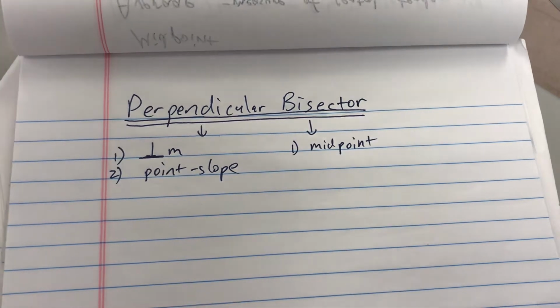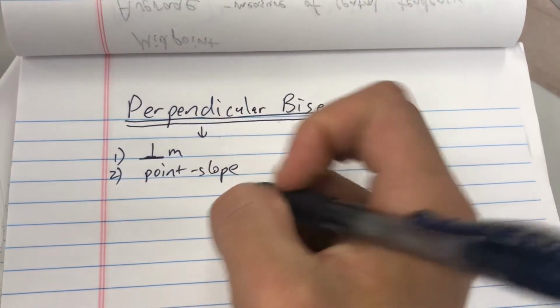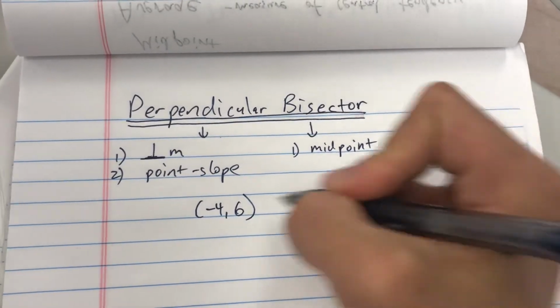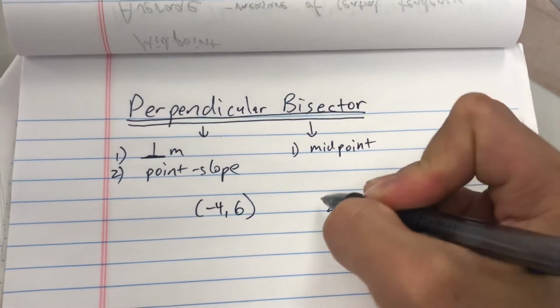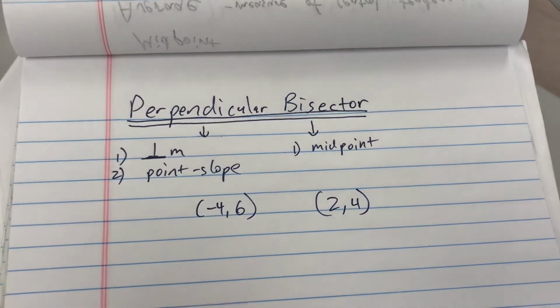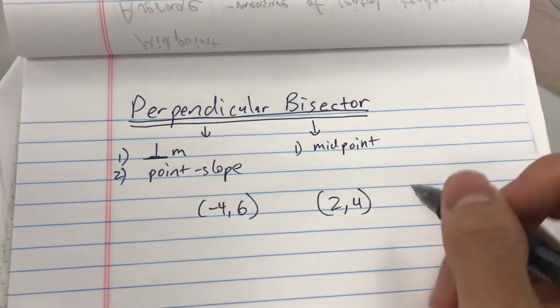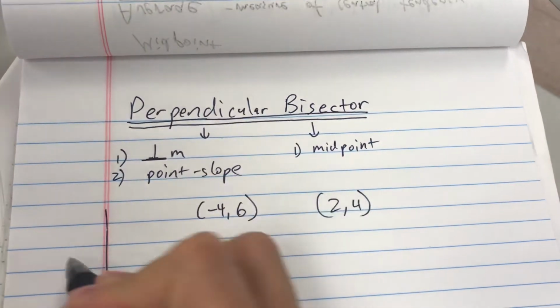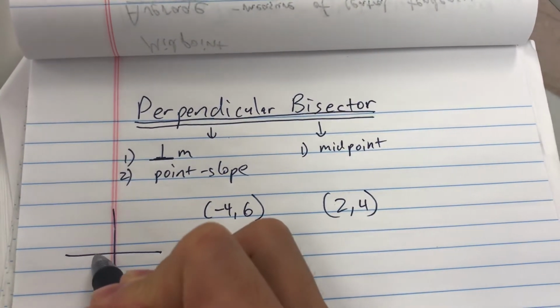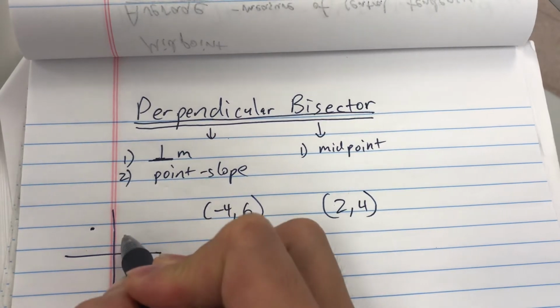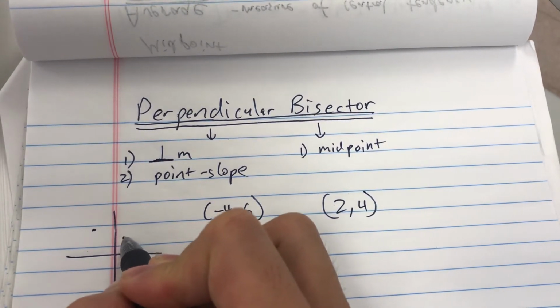Let's just say I have this point right here, -4, 6, and you have here this point 2, 4, right? And I wanted to create the perpendicular bisector of these points. Whatever this line is, I can probably make a side graph like this. -4, 6 is up here, and 2, 4 is probably right here, right?